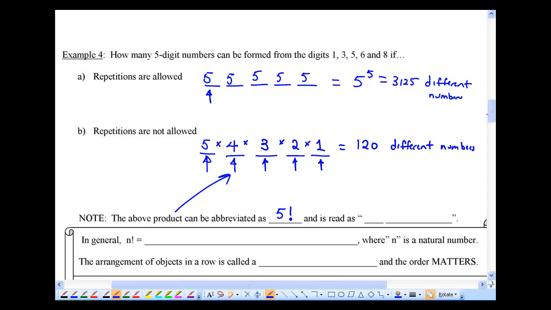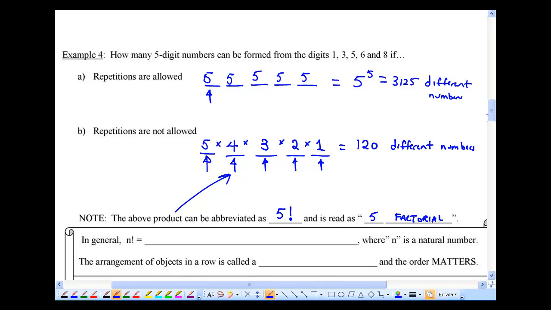Don't say exclamation mark or 5 with emphasis. It's actually called 5 factorial. So when I give you that factorial, I'm saying take that number and multiply it by all of the previous whole numbers, down to 1.